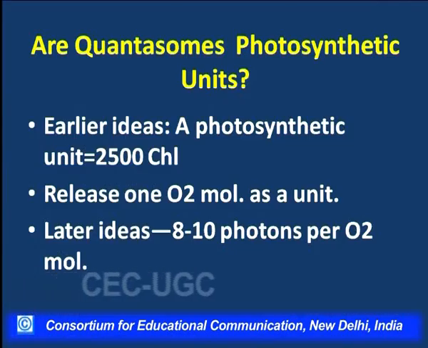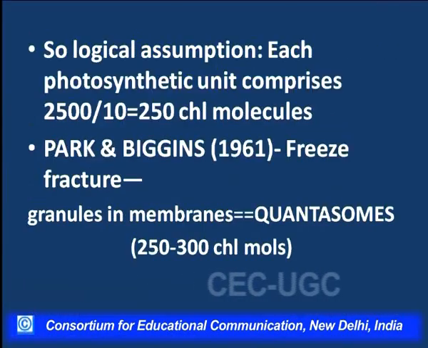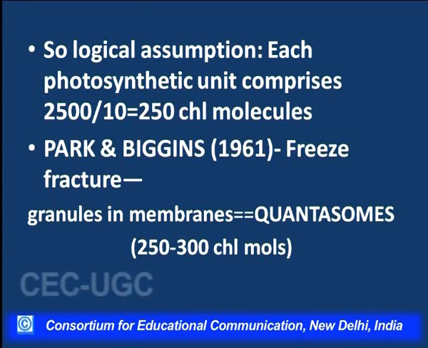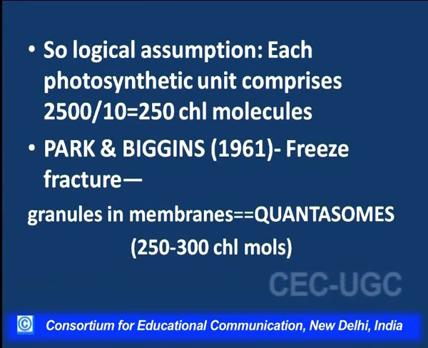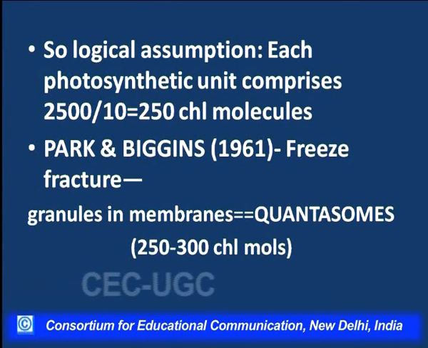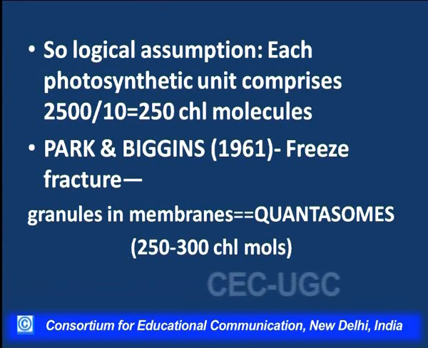They said that 8 to 10 photons are required per molecule. So people logically assumed that each photosynthetic unit must comprise 250 chlorophyll molecules, because 2500 are taking part and 10 photons are required to release 1 oxygen molecule.